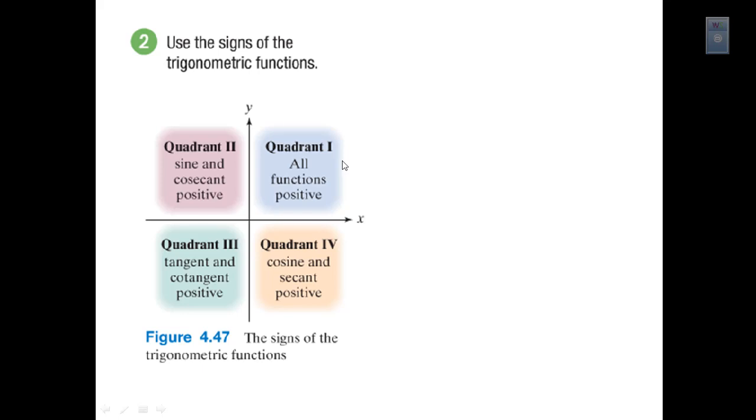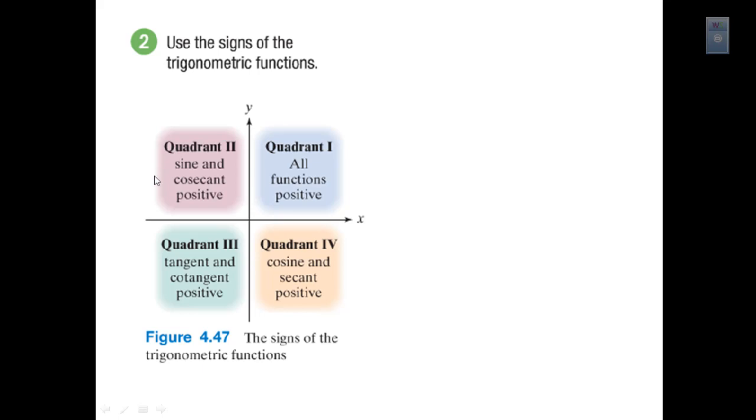And we're always going to look for a distance, and distance is always positive. So when we look in quadrant 1, we know our x values are positive and our y values are positive, so both sine and cosine are going to be positive. If both of those are positive, then all the derivations of those, the tangent, the cosecant, the secant, the cotangent, all those are positive as well.